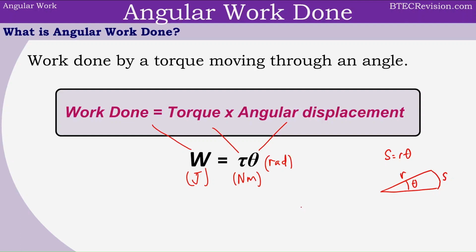And we remember from the previous lesson about work done, that it is equal to force times displacement. So when you have an angular movement, you can replace the displacement here with r theta, which gives us F r theta.